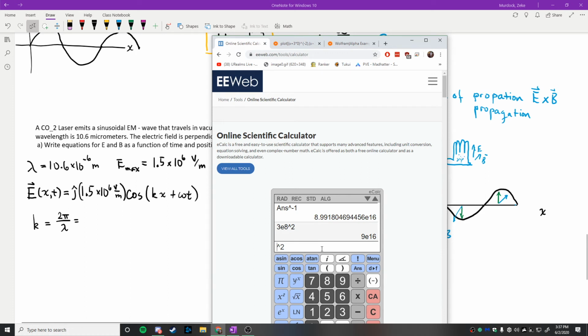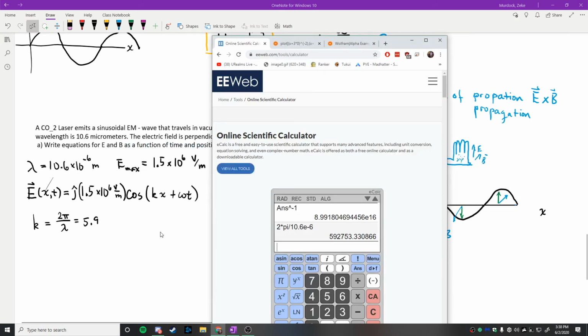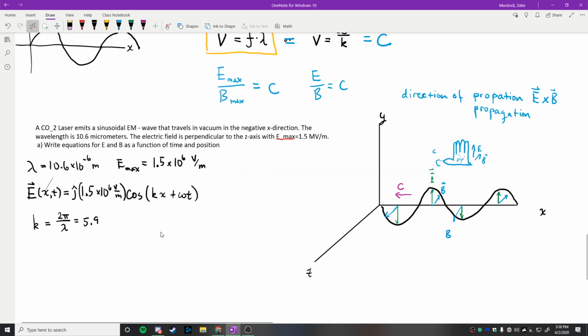So it's basically 2 times pi divided by 592, so it's basically 5.9 times 10 to the 5, right? Yeah. 5.92 times 10 to the 5. And the units for k are basically meter negative 1, inverse meters, because lambda is measured in meters.